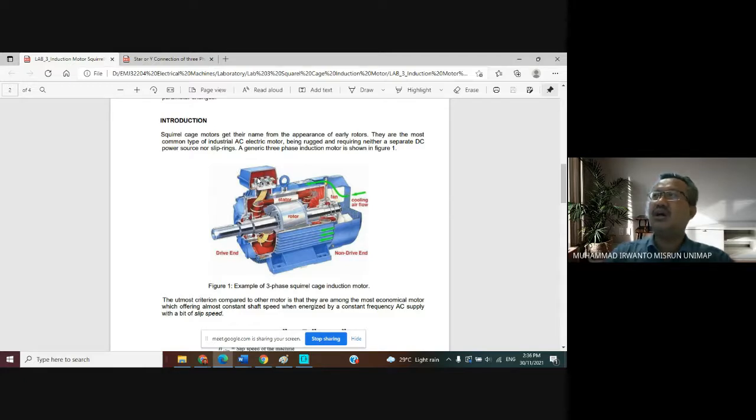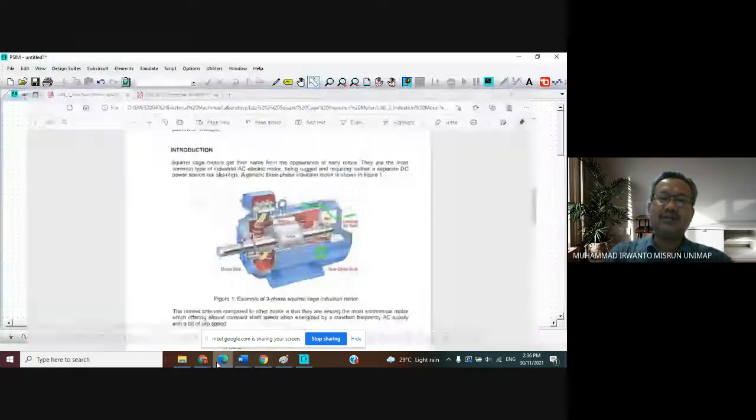This shows how to connect it if you want to obtain the Y connection or delta connection. It is easy.